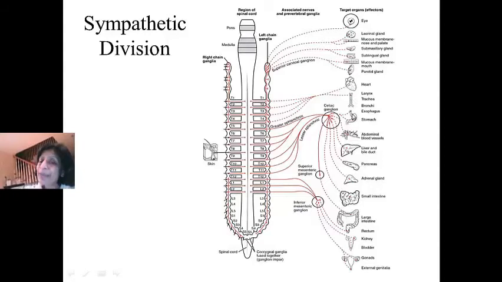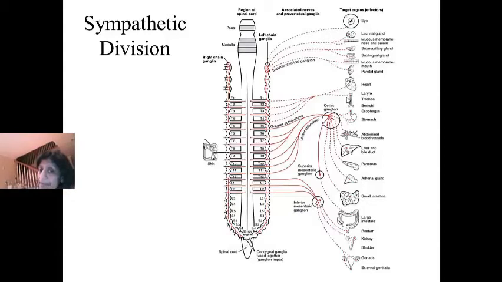Then you have the thoracic structures, the trachea, the lungs, the heart, and then the salivary glands, parotid gland, sublingual gland, submaxillary gland, lacrimal gland, and the eyeball. And yet one more here, that is the skin, where you have the erector muscle. So a wide variety of structures receive sympathetic supply.